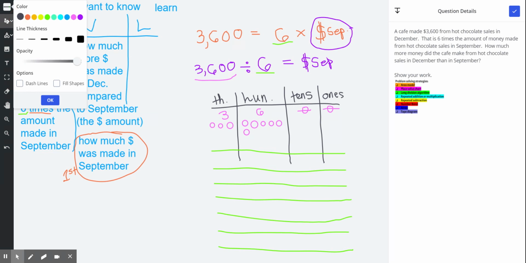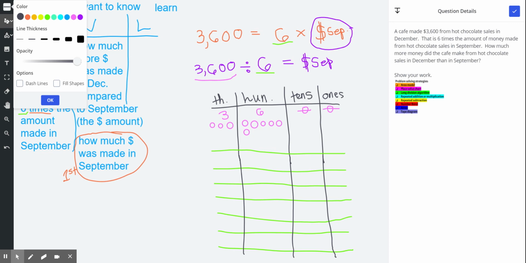I'm just going to extend my columns because that way it makes it very clear when a dot is in the thousands place or the hundreds place or the tens place or the ones place, and I don't get confused. That's important. All right, so here we are. We've got our rows, 6 rows because our divisor is 6, 6 equal groups.